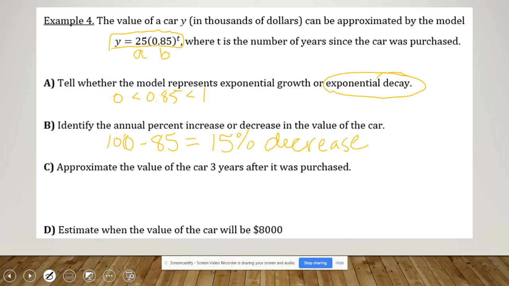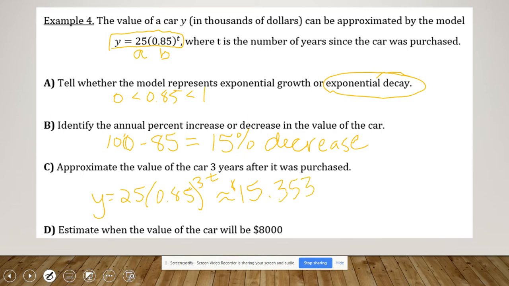3 years after it was purchased. That means we're making T 3. So 25, 0.85 to the third power. Plop that in our calculators, and we get a value of about 15.353.